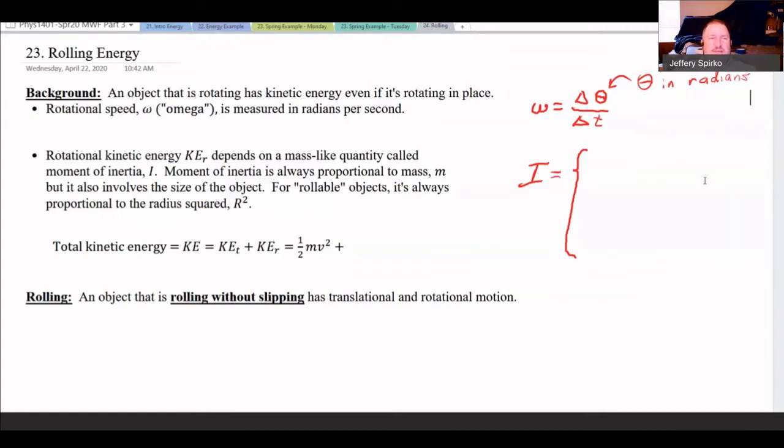Now, when it comes to calculating an actual energy due to rotation, it involves this quantity omega, which is speed. And remember that our regular kinetic energy is 1/2 mv squared. So our formula is going to involve omega squared.